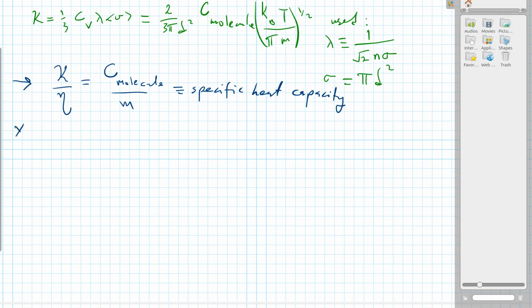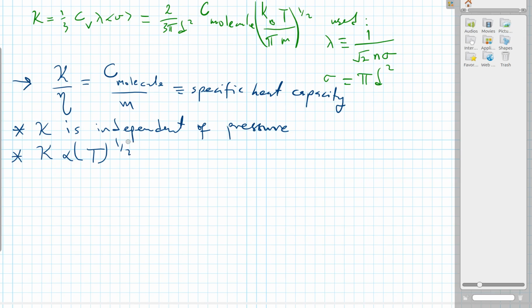There are some notes which we can mention: the thermal conductivity of the gas system is really independent of pressure. See, in this expression we don't have pressure in it. It only depends on temperature. So thermal conductivity is directly proportional to the square root of temperature.